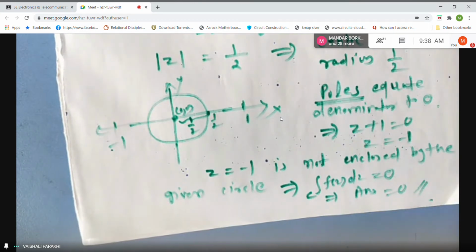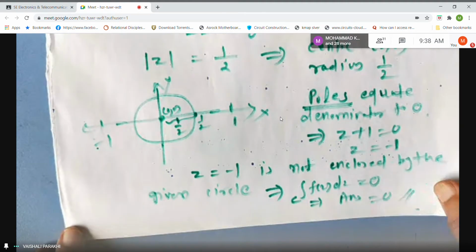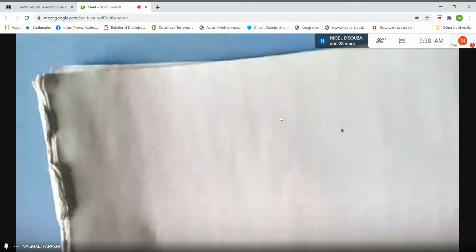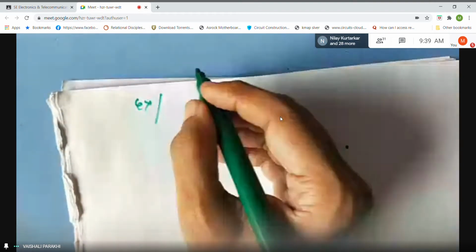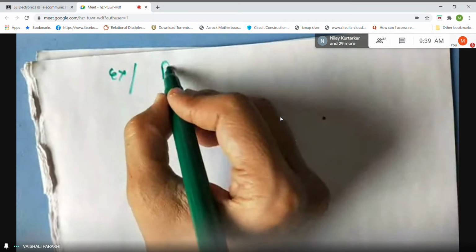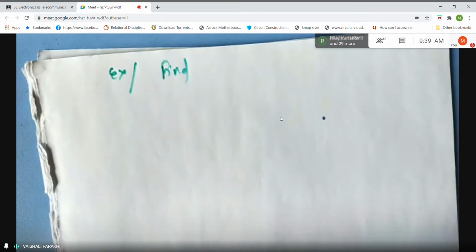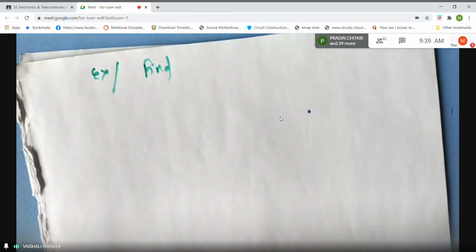Okay. Now let us do some more examples. Your ideas will be clear. Now take this one. Find the value of. So here you are not actually solving the integral, students. You are taking help of Cauchy's integral theorem. Okay.